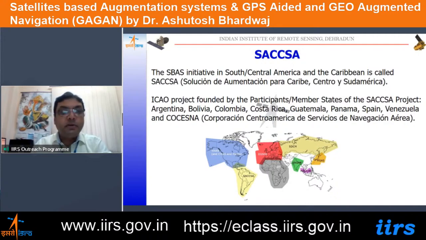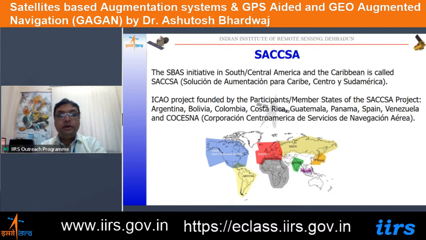Now, a satellite-based augmentation system is also there for the South and Central American and Caribbean region, and it is founded by participant member states, including Argentina, Bolivia, Colombia, and so on. So like that, we can see that almost all over the globe, SBAS systems are now available or are in the process of preparation.